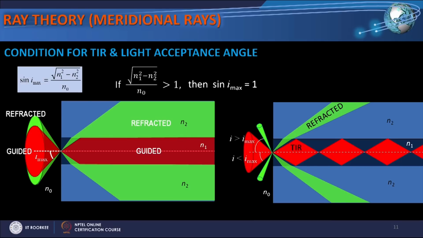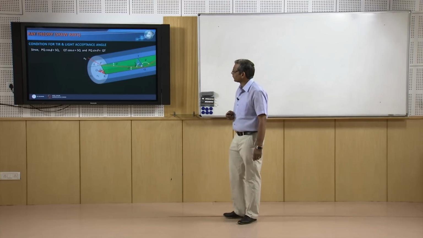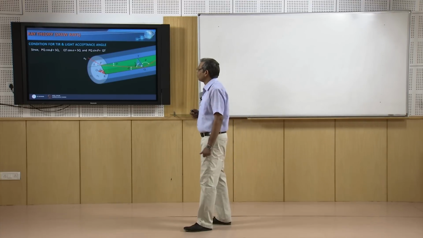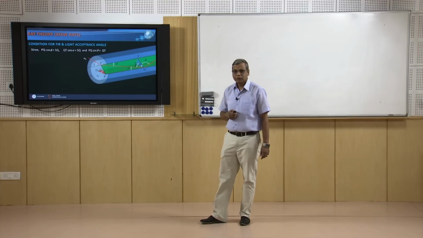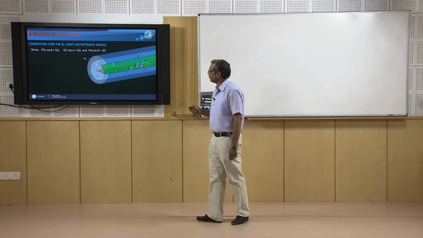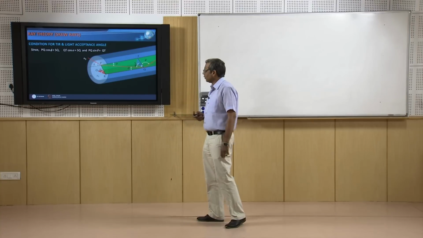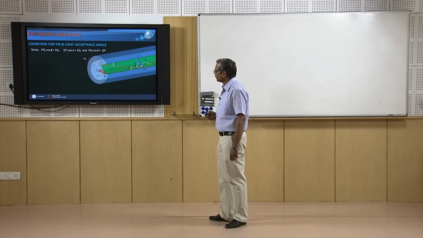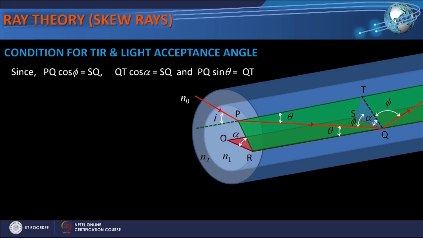The second kind of rays which we talked about is skew rays. What is the condition for total internal reflection and light acceptance angle for skew rays? For that, let me launch a ray of light somewhere here onto the fiber end, and it makes an angle i with the fiber axis in the outside medium n0.